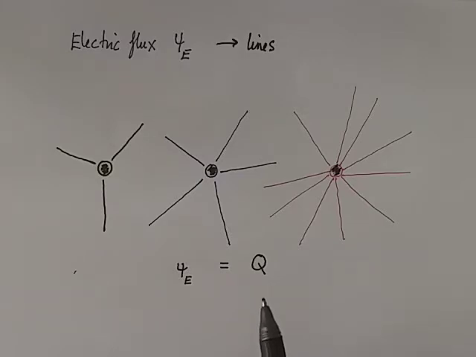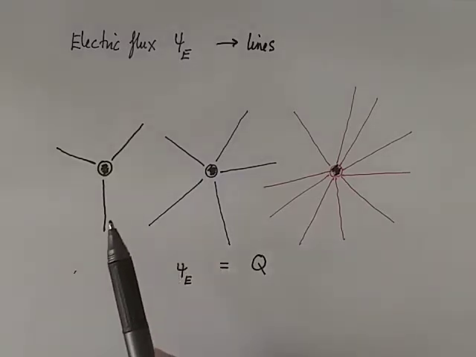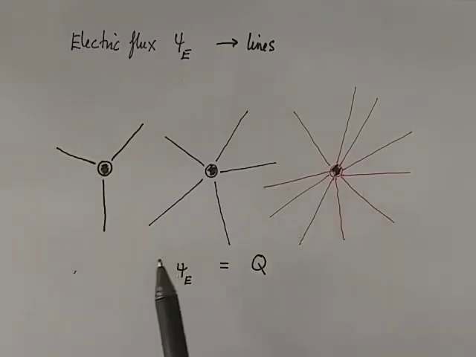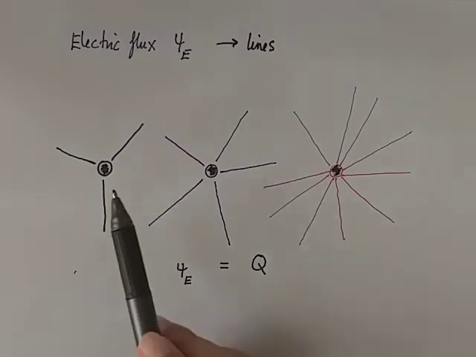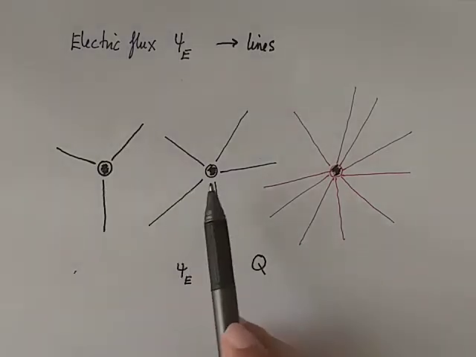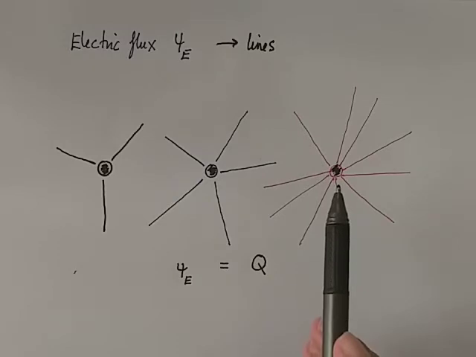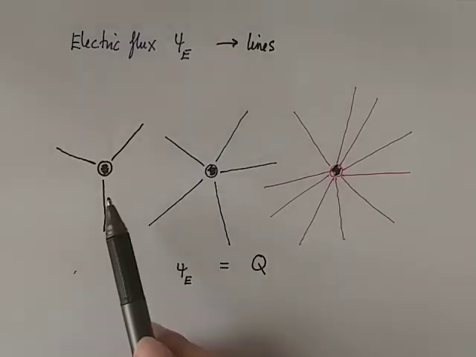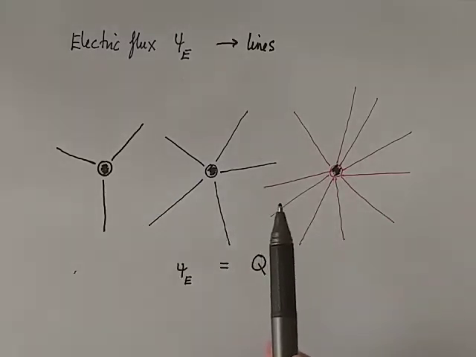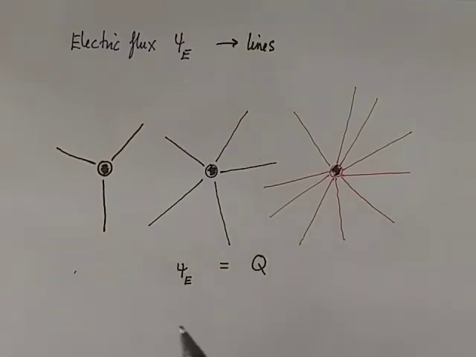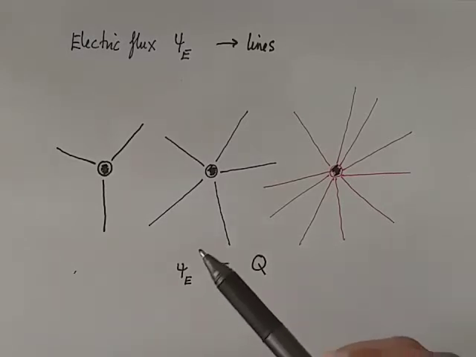What is important here is that when we compare charges, all these charges should be in the same unit. If I'm using Coulomb for one, the other 2 should also be in Coulomb. If I'm using microcoulomb, the other 2 should also be in microcoulomb. So that should be the argument regarding electric flux. As a conclusion, just lines emitted by the source, and the number of lines is exactly the same as the magnitude of the charge of that particular source.